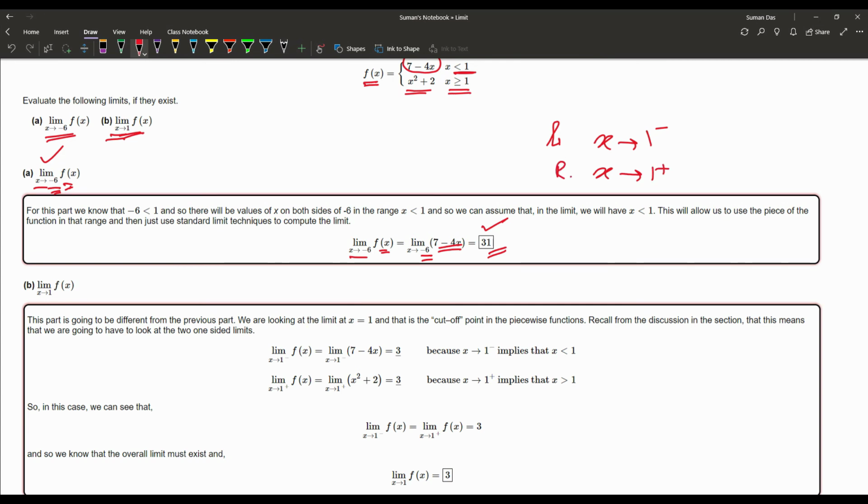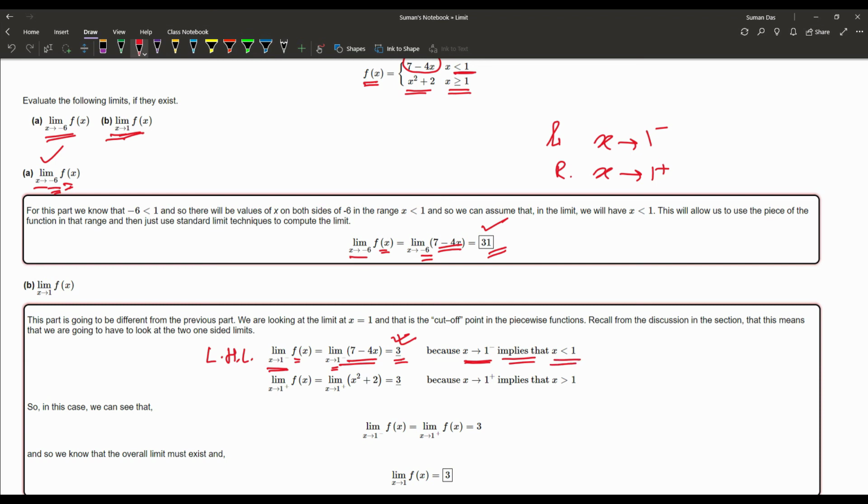When we are checking the left hand limit, x tends to 1 minus, that means x is less than 1. So we have to use that particular function, that is 7 minus 4x. Putting the value of x equal to 1, we are getting the result as 3. Once again, as x tends to 1 minus, that implies x is less than 1.